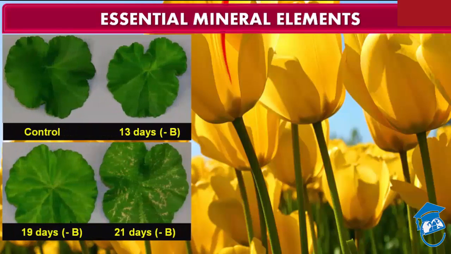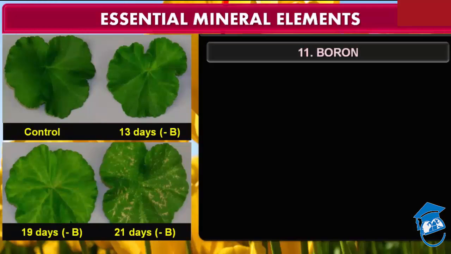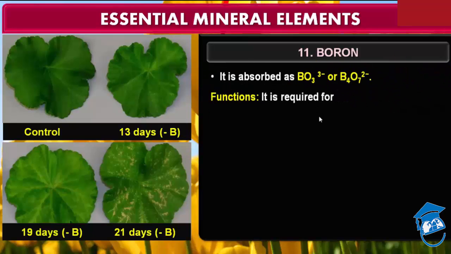Now come to boron. It is absorbed as BO3 3- or B4O7 2-. Boron is required for the uptake and utilization of Ca2+.